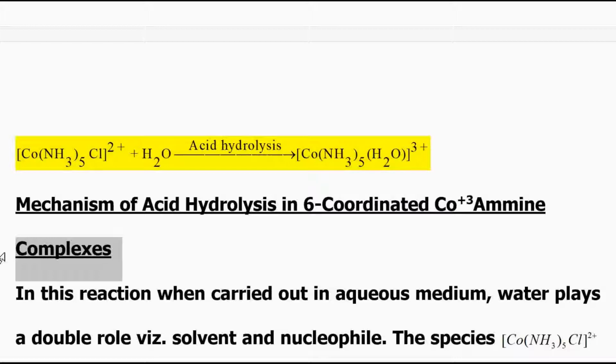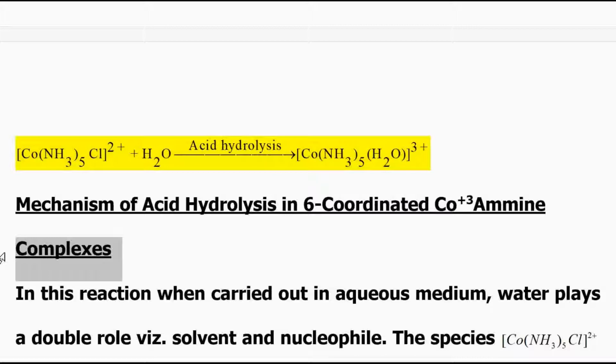So for any given reaction, if you know that the mechanism is either SN1 or SN2, then you have to find out whether the rate of the reaction depends on the concentration of the substrate only, or it depends on the concentrations of the substrate as well as attacking reagent. If the rate depends on two quantities, then the mechanism has to be SN2. But if it depends only on one, then the mechanism is SN1.